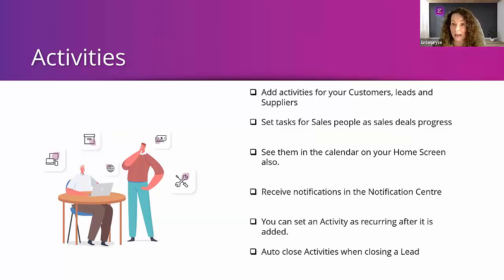You can also automatically set an activity to be created as a timestamp. So when you send, for example, an order out to a customer, when you email that order to the customer through the advanced emailing option, so this is when you go into your order and you go to send, there is an option there where you can create an activity. And what it does is it records the fact that an email has gone out with that sales order.